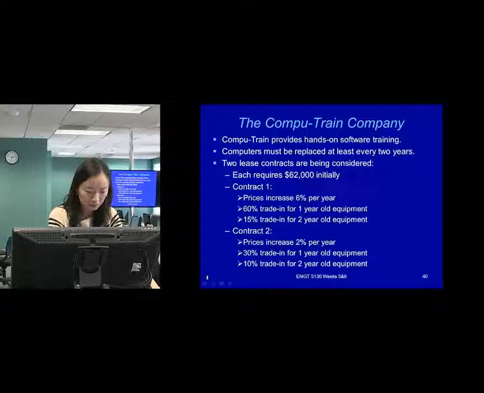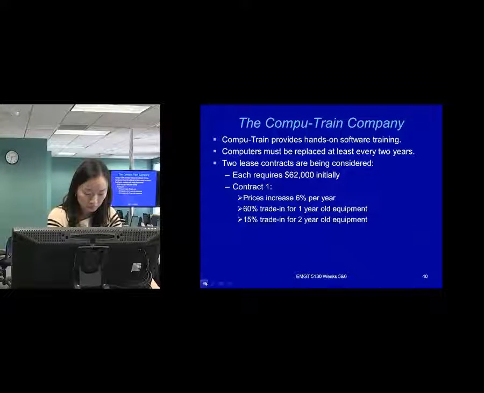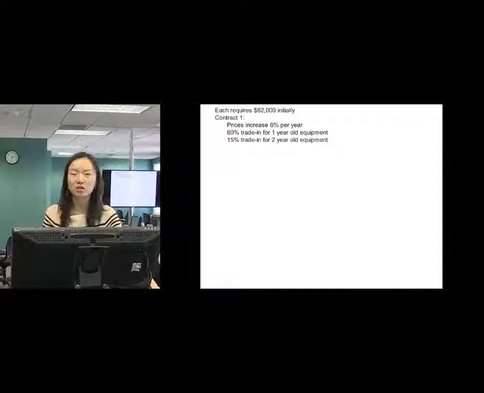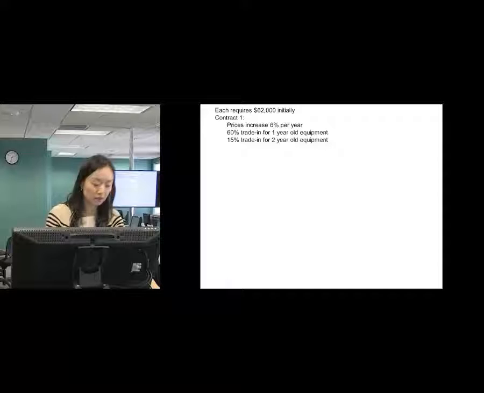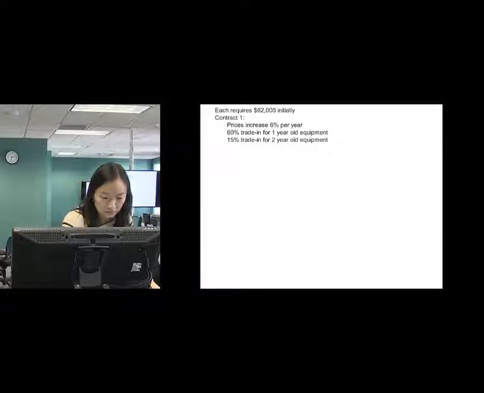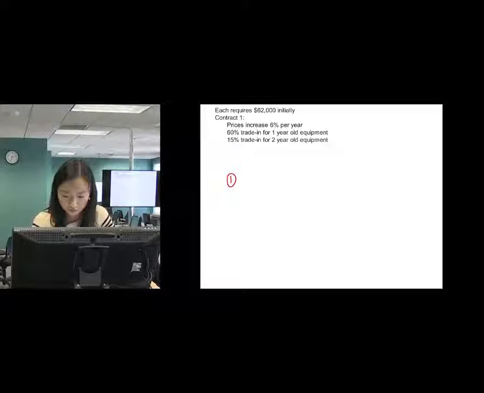Just now I asked what's the planning time frame. It's 5 years. So let's just look at the first contract. Let's think about it in this way. Here we're in year 1, and we have to go to year 5.